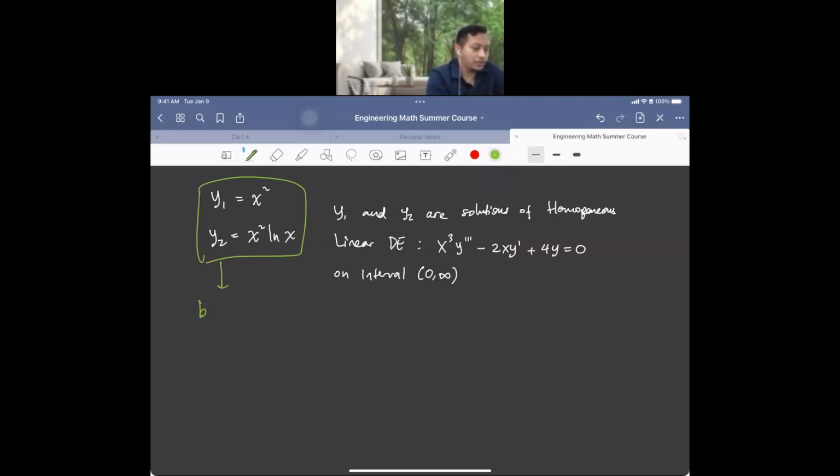Now, because we know that it has these solutions, then by the superposition theorem, y equals c1 x squared plus c2 x squared ln x is also a solution. That's what the superposition means.